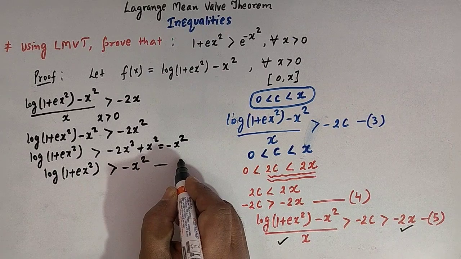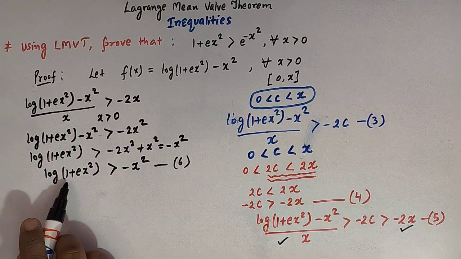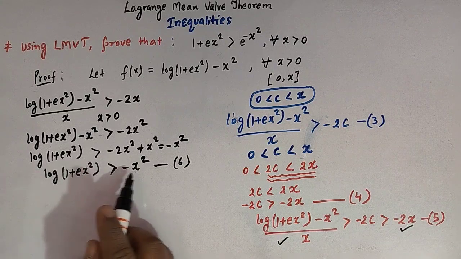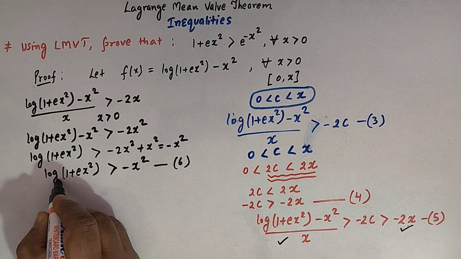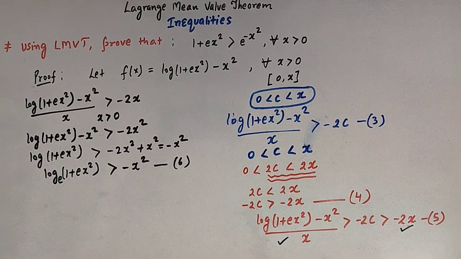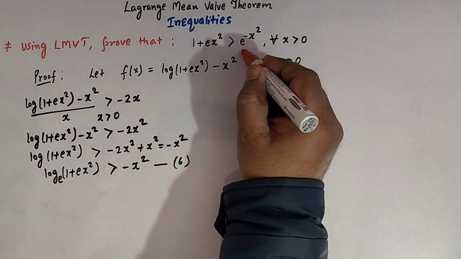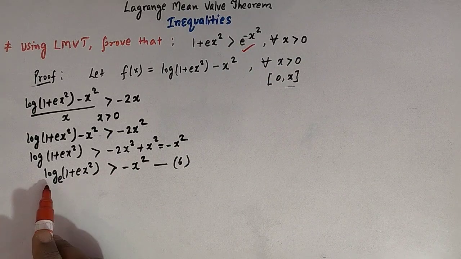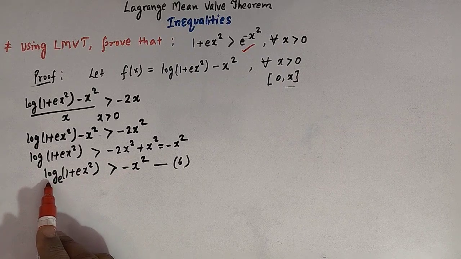So now this is a very important result. So log of 1 plus e^(x²) is greater than minus x², and remember here the base of the logarithm is the exponential number e. Now to arrive at the result, see what we will do here, we'll take the exponential power of both sides.